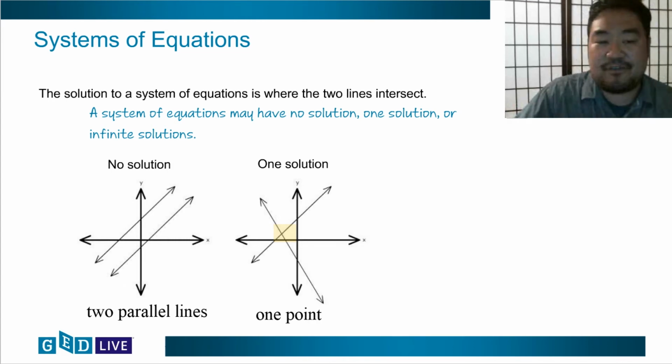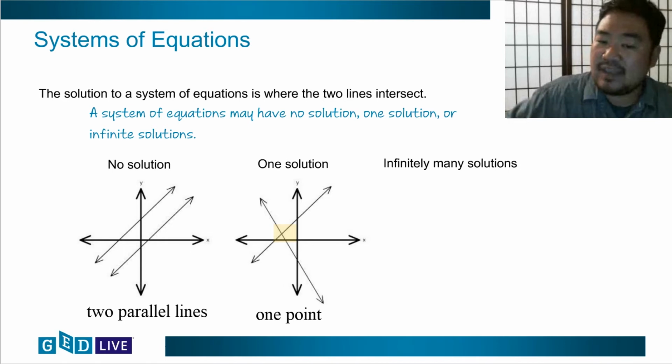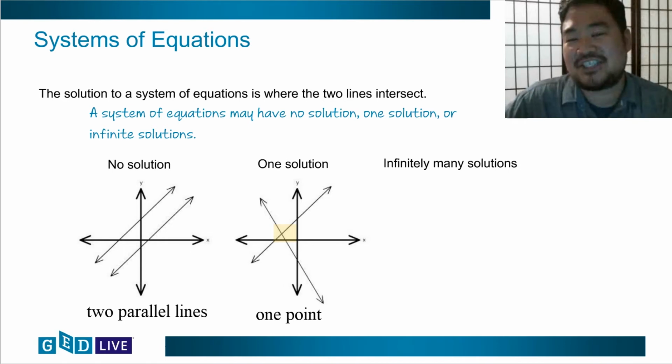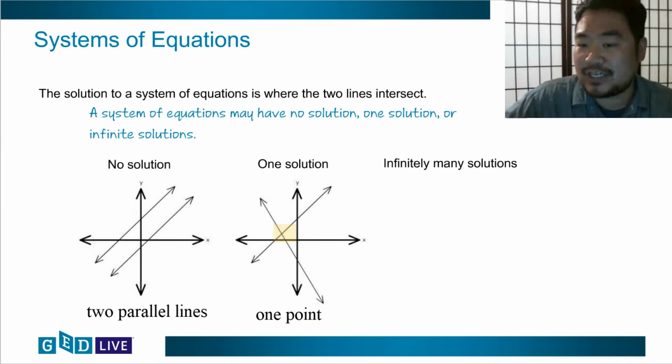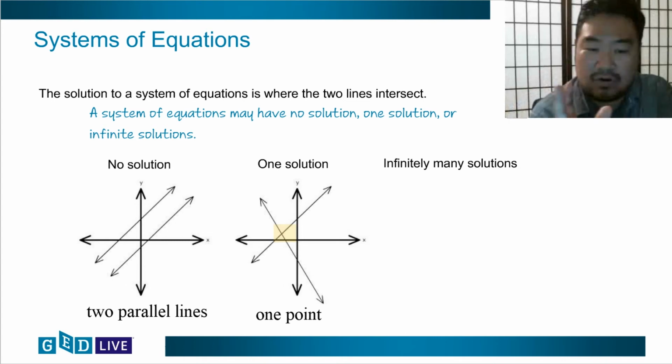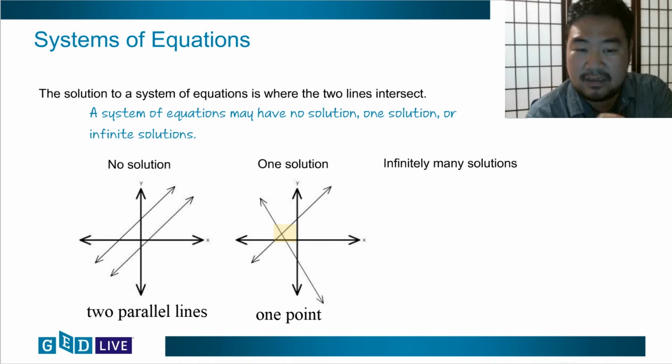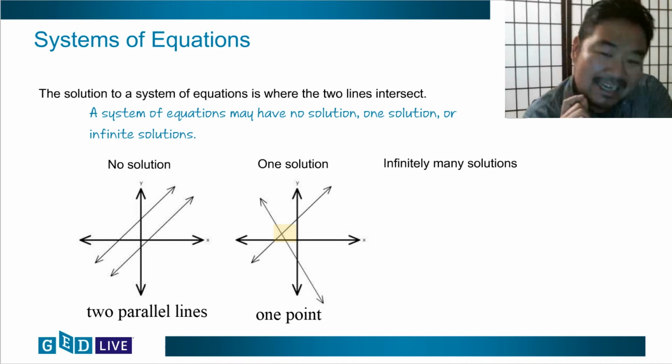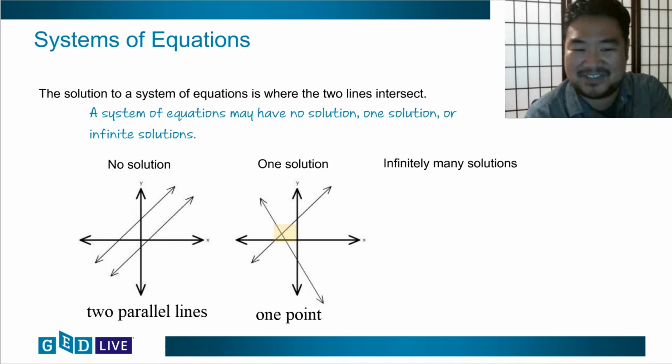And then lastly, if you have two equations that have infinitely many solutions, go ahead and type that into the chat. How would two equations that together have infinite solutions appear on a coordinate plane? How would they interact if you had two lines that had infinitely many solutions?